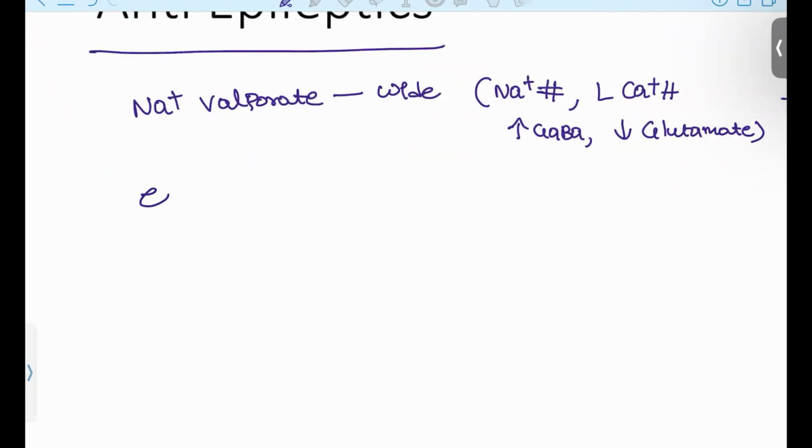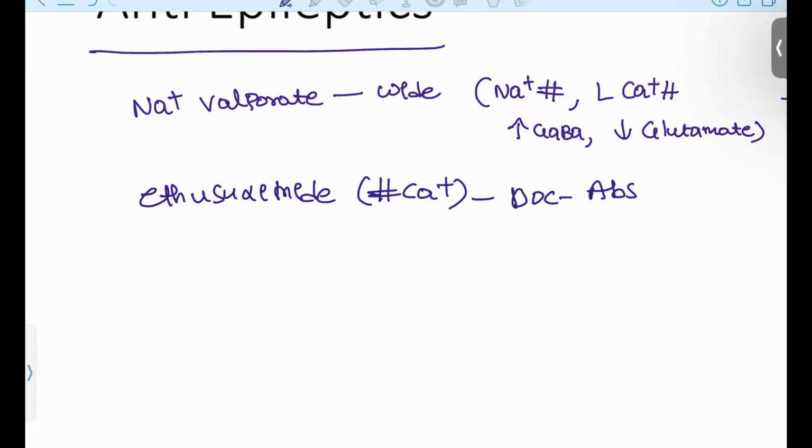Next one is your ethosuximide. This drug has only a narrow action. Specifically, it blocks your calcium channels. And this is the drug of choice worldwide. We would give this drug only, but because it is expensive in India, we use sodium valproate. Next common drug is your phenytoin. Phenytoin also blocks the sodium channels.